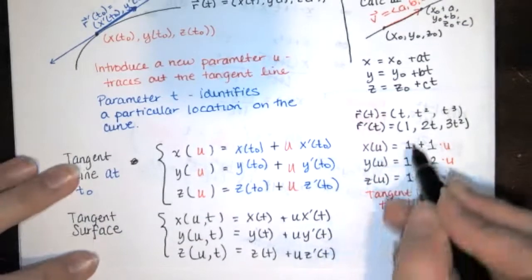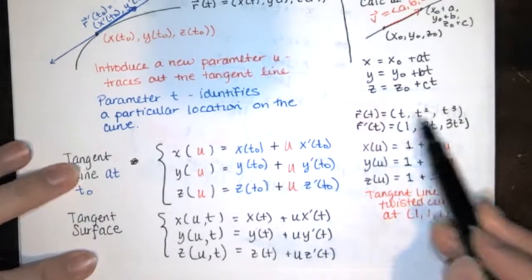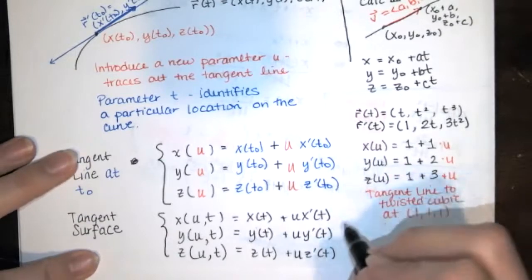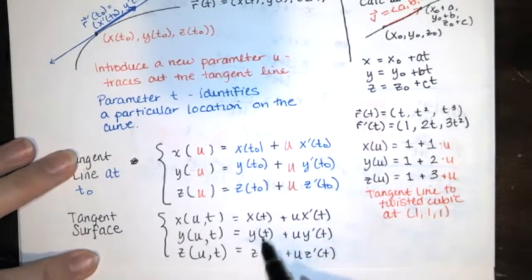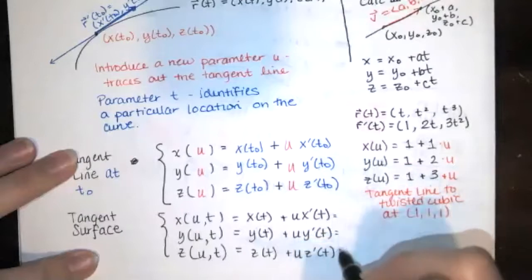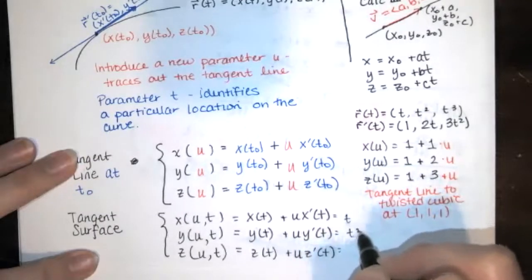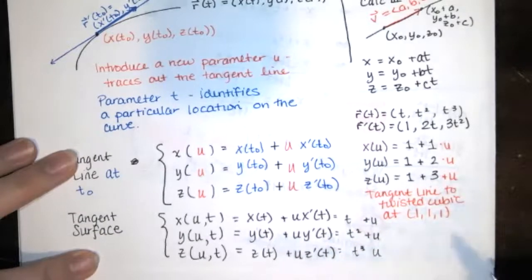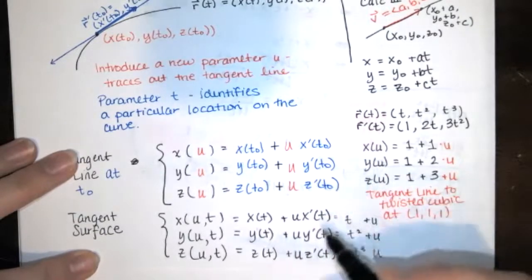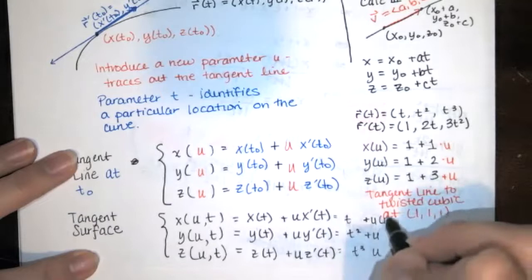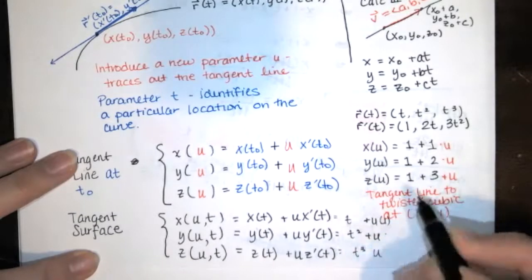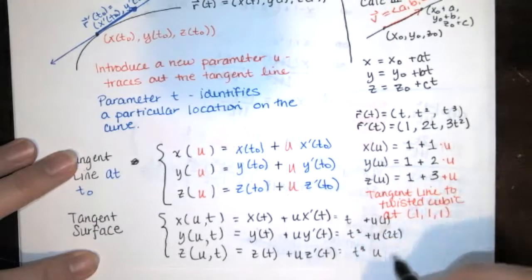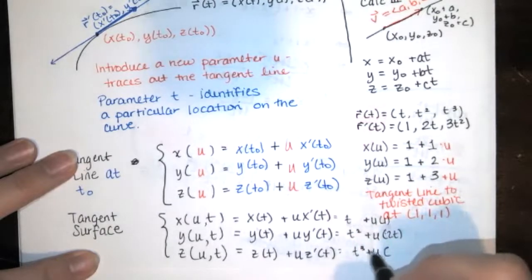So we're going to do the same thing that we did here, but instead of plugging in a particular value of t, we're going to let t vary. t can be anything. So we have x of t, y of t, and z of t, which are given by t, t squared, and t cubed. And then we're adding our parameter u times x prime, y prime, and z prime, which are 1, 2t, and 3t squared.